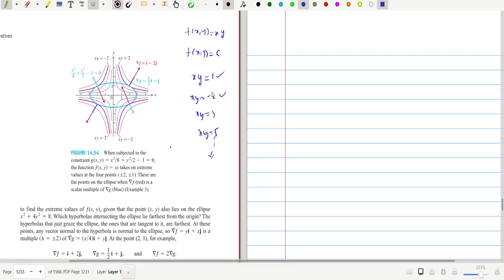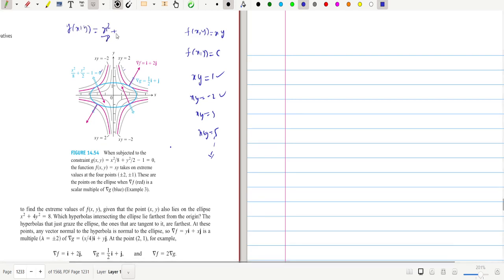This will give rectangular hyperbolas. So that is drawn here. These are those rectangular hyperbolas. And we consider the constraint g of xy equal to x square by 8 plus y square by 2 equal to 1. This is the ellipse.